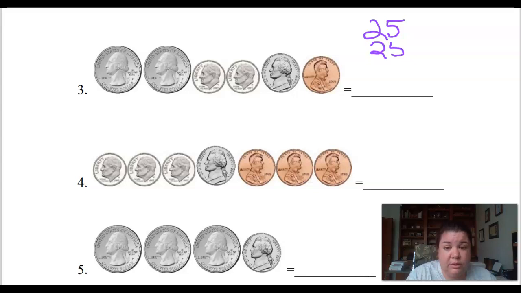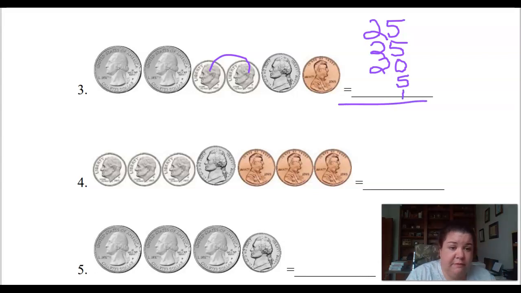We have 2 quarters, 2 dimes. Okay. Can you skip count? You should be able to skip count by 10. 10, 20. So we're going to write 20 here. How many nickels? Just 1. And then 1 penny.